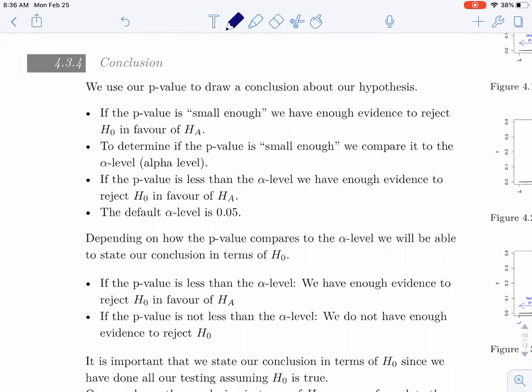And that's where it's helpful to think of the p-value as the probability that the null hypothesis is true, because if it's small enough, then you can reject the null hypothesis and conclude the alternative hypothesis.